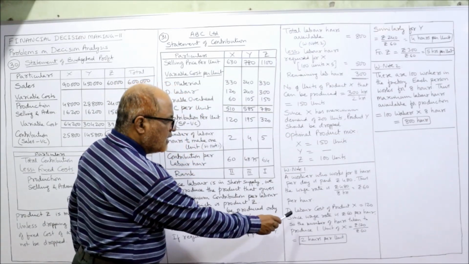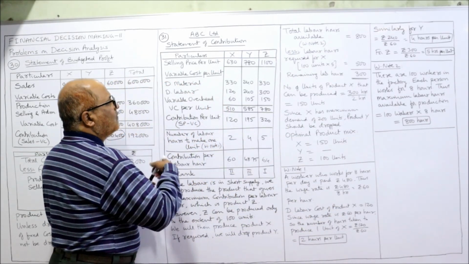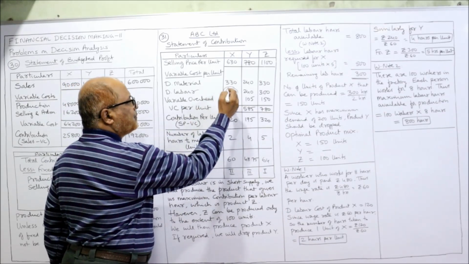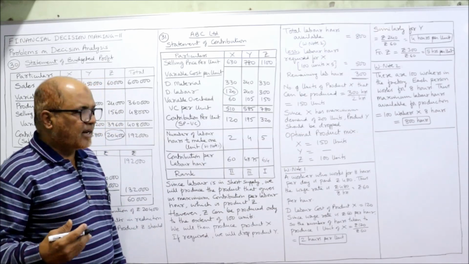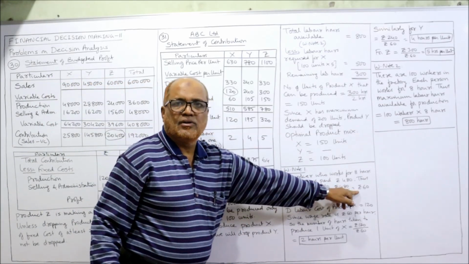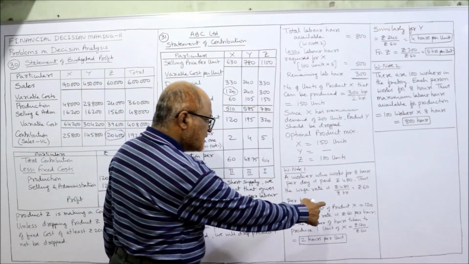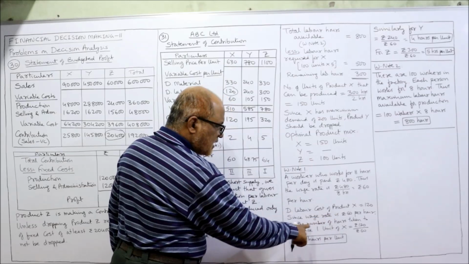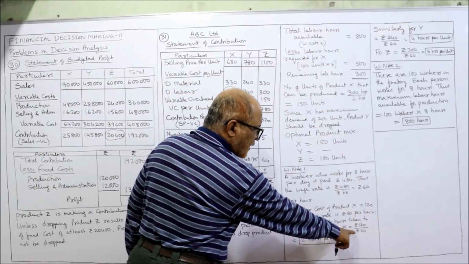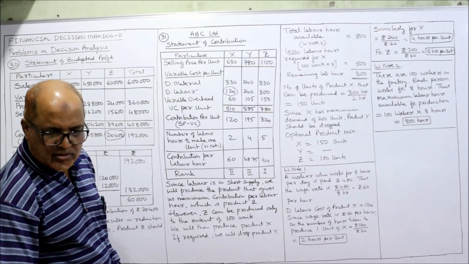So here you can see direct labor cost for X is equal to 120. From here I have taken 120 divided by the labor rate per hour, 60 rupees. For every hour, 60 rupees. So 120 divided by 60. Since the wage rate is 60 rupees per hour, the number of hours taken to produce 1 unit is 120 divided by 60, 2 hours per unit.